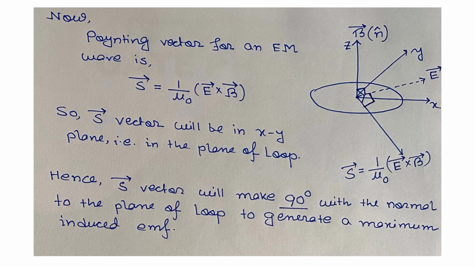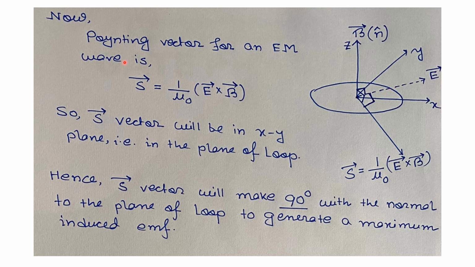So till now what we have seen, our magnetic field vector is along or antiparallel to the normal to the plane of the loop, and the electric field vector will be in the plane of the loop.